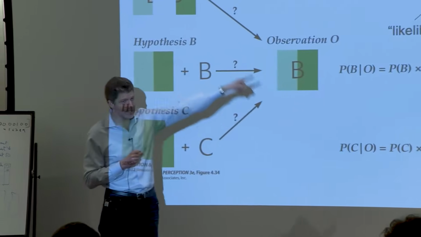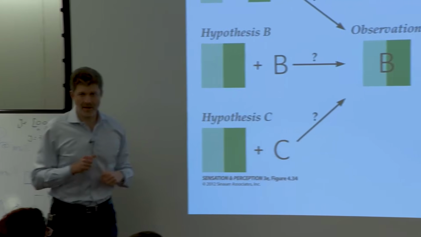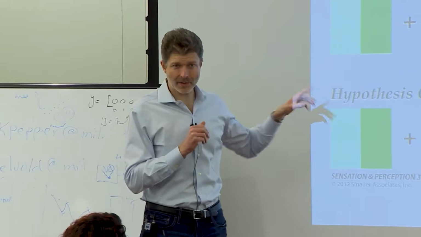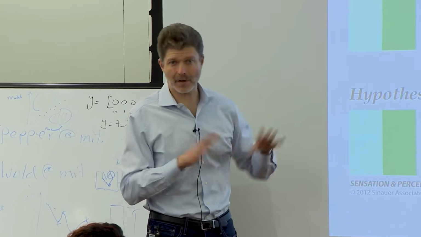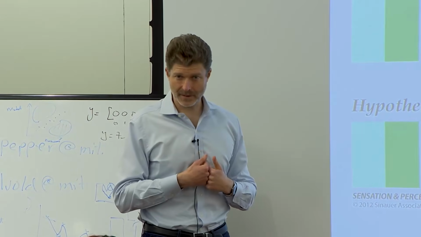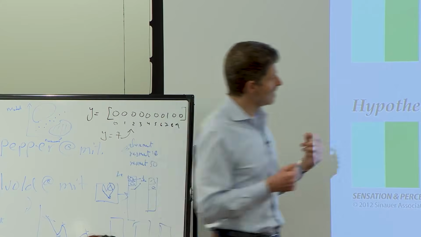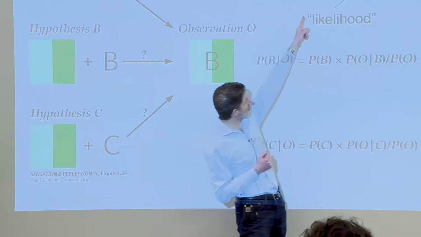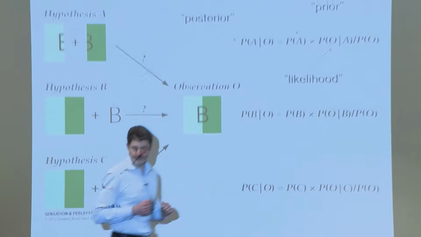And then it's normalized by the probability of the observation, but typically we're working in a setting where the observation is known, and so that's going to be the same across all possible hypotheses that we consider. Okay, so really the thing that will cause the posterior to vary across hypotheses are the prior and the likelihood.